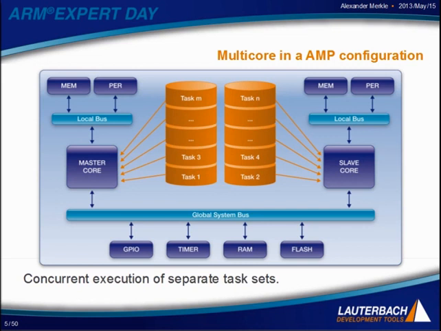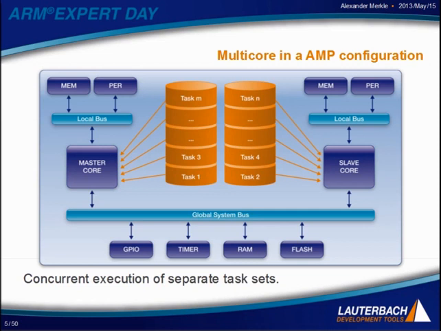On the last slide, we saw our single task set. Now I'll show two of them. Why? I've got two cores, and in principle, they don't need to know about each other. The first core can have an operating system, for example Linux, and assign its tasks to its core.